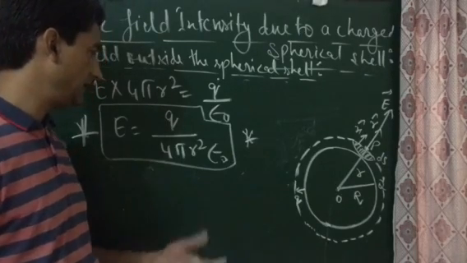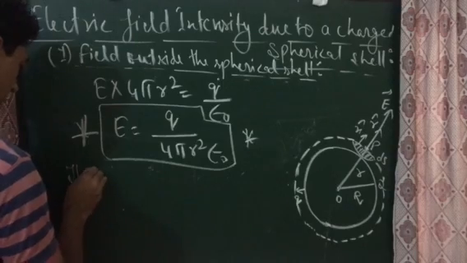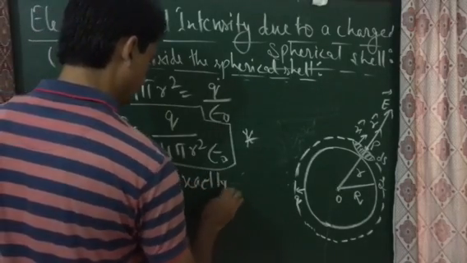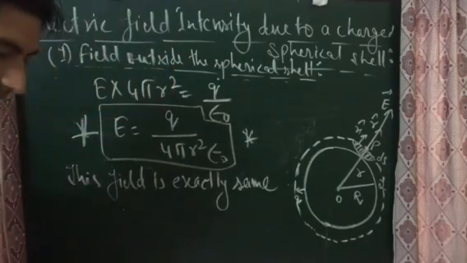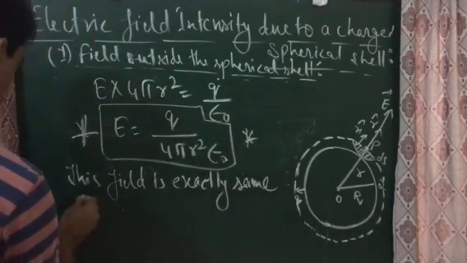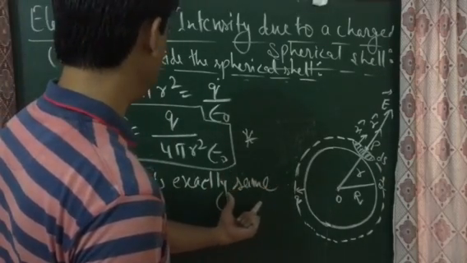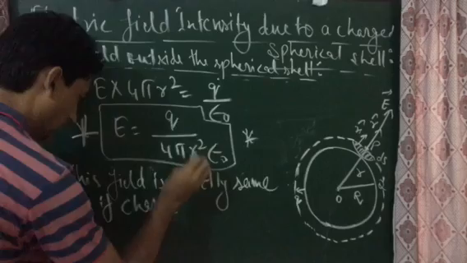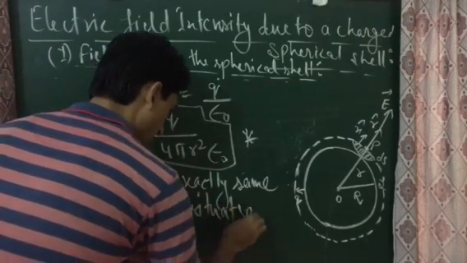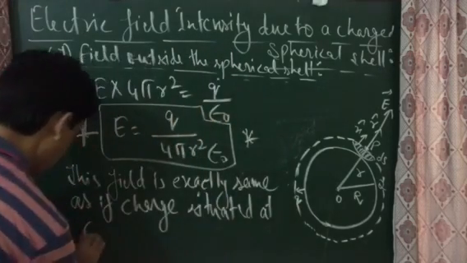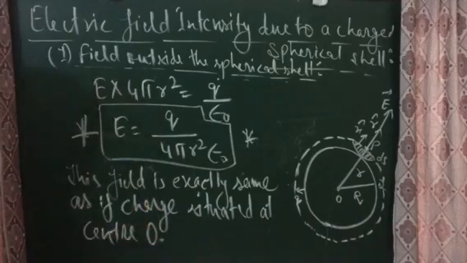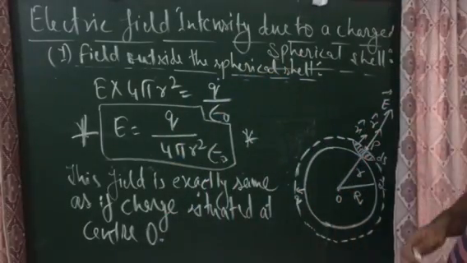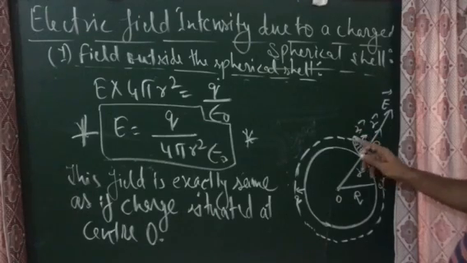So आप देखेंगे this field is exactly same as if the charge is situated or placed at center O. So this is the electric field intensity outside the spherical shell. जब हमने शेल को कहाँ पे कंसिडर किया है?